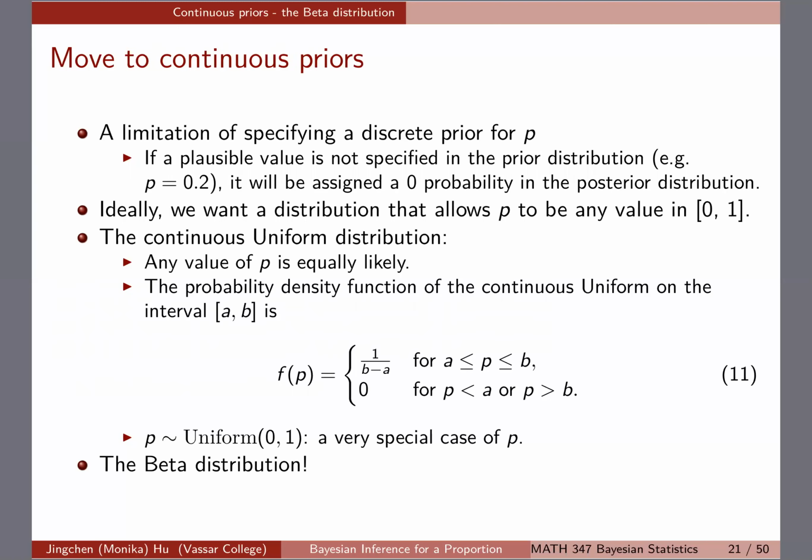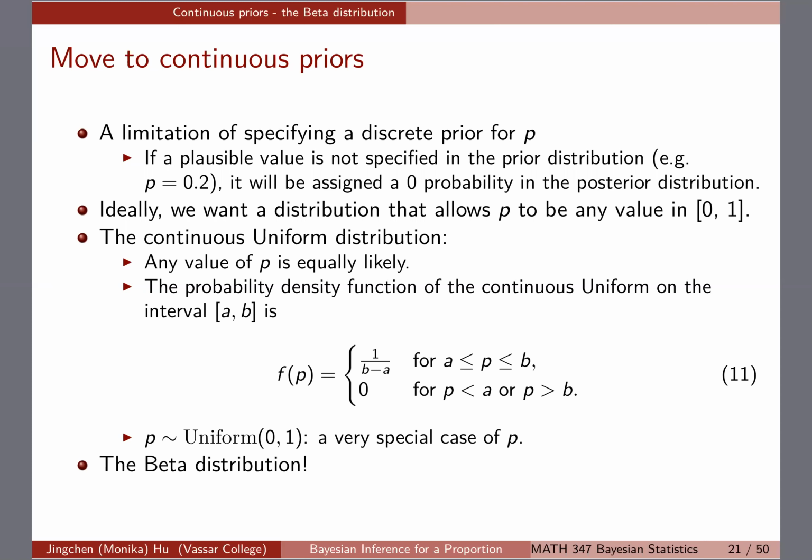But the drawback is that a uniform distribution is saying that any value is equally likely, so that's a very special prior distribution. It's better than before, but I'm sort of stuck with all of them being equally likely. It's possible that I think 0.5 is more likely than any other value. So how can I make a prior distribution expressing that kind of opinion?